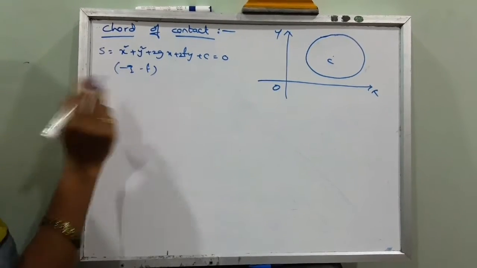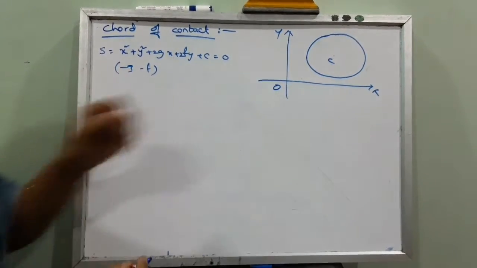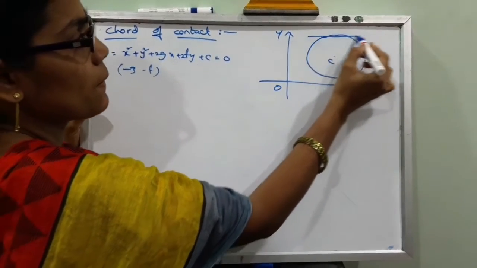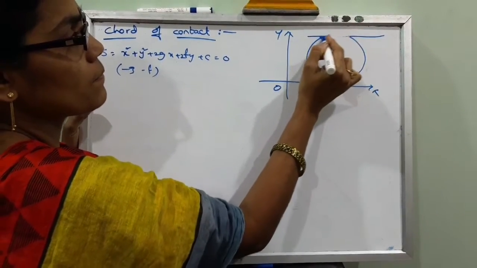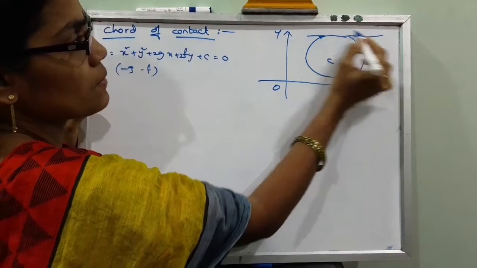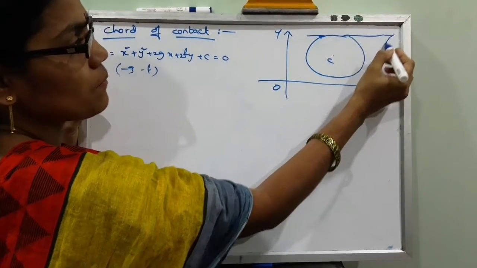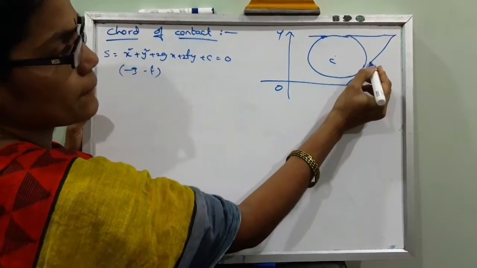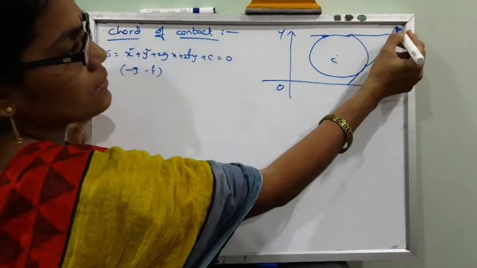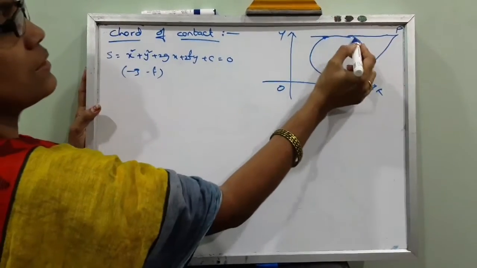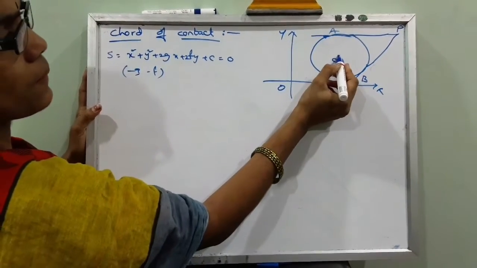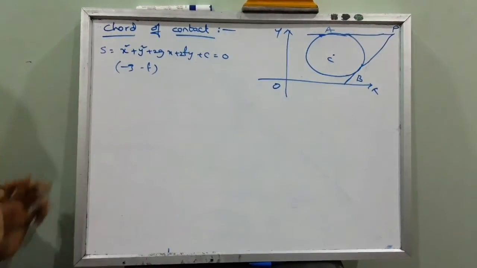The center is (minus g, minus f). The tangents are drawn from P, touching at A and B.